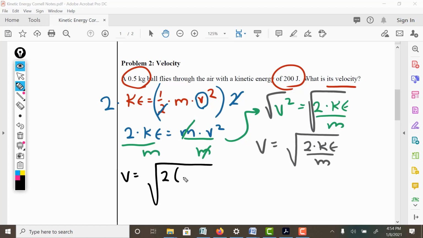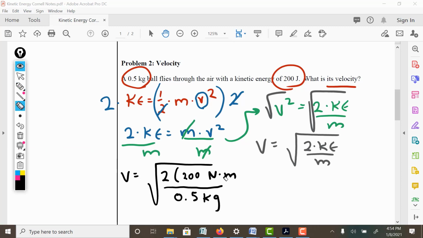Plugging these numbers in is no big task, but keeping track of the units is a big task. So let's look at this carefully. We have 200 joules over 0.5 kilograms. But a joule is a Newton meter.